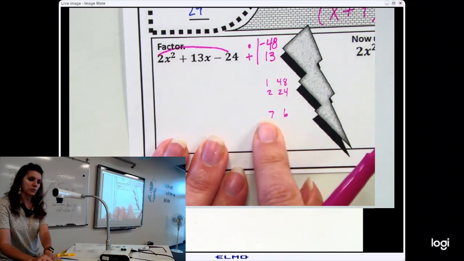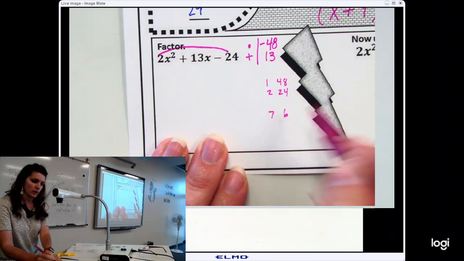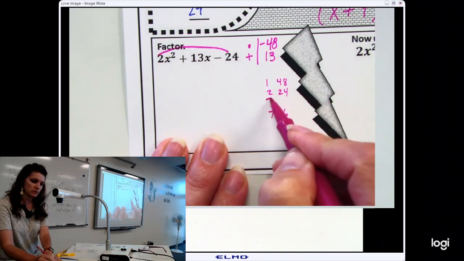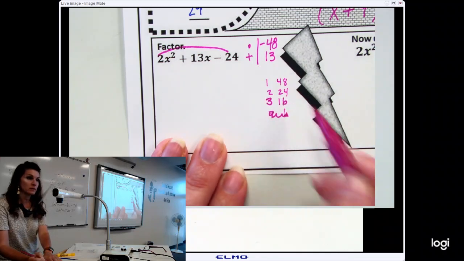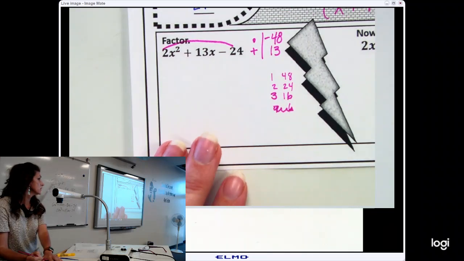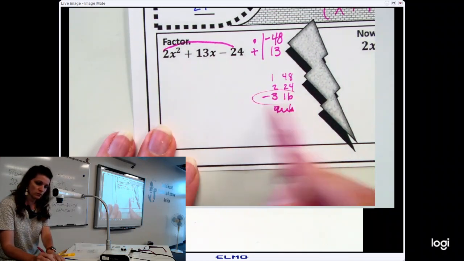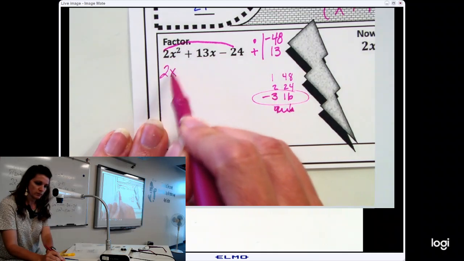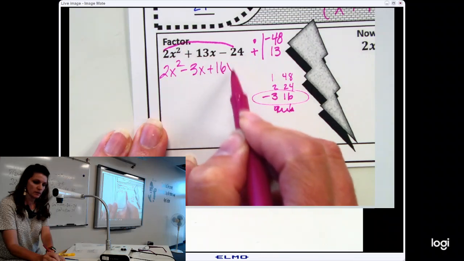Nope, 7 and 6 multiply to be 42. That's not going to work. All right, does 3 go into it? What number? 16. Is that it? Yeah, 3 and 16. What do your signs have to be? Negative 3. All right, we're going to use those two. 2x squared minus 3x plus 16x minus 24.